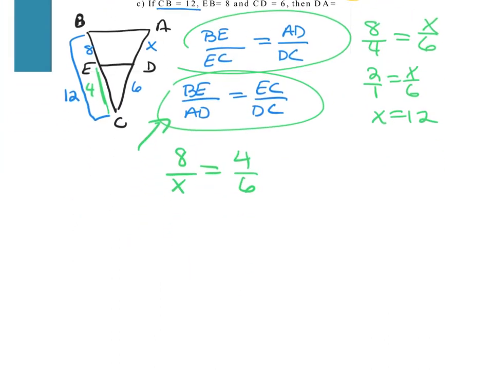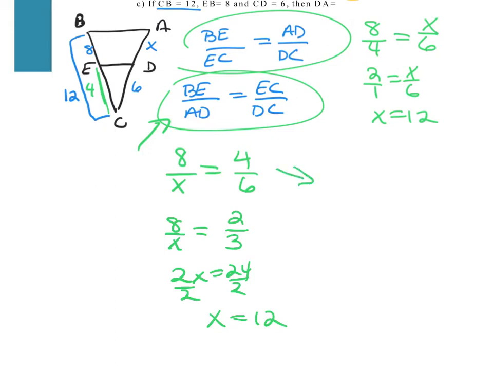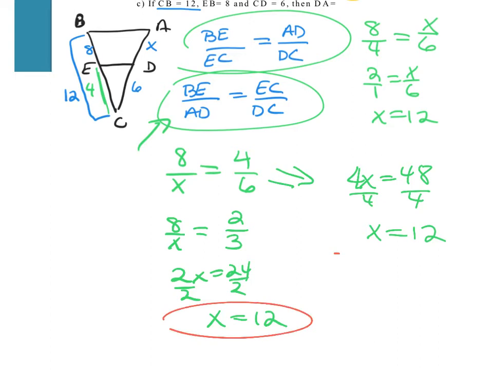Again, I could simplify the 4/6 to 2/3. Get 2x equals 24, divide by 2, and x equals 12. Now, if you don't like simplifying, you could have also solved this same one and got 4x equals 48, divide by 4, and x equals 12. Either way, notice no matter how I solved or set up my proportion, each time I got the same answer, and I got 12.